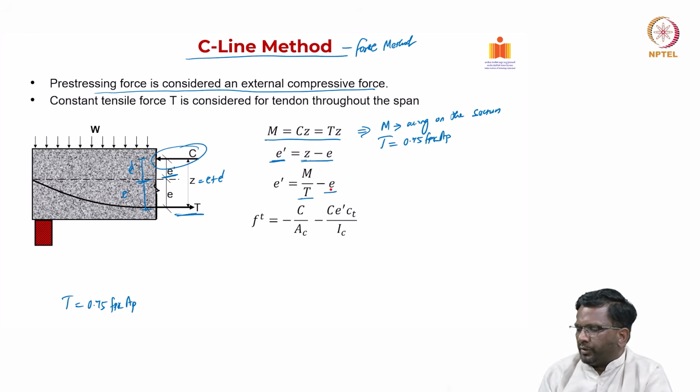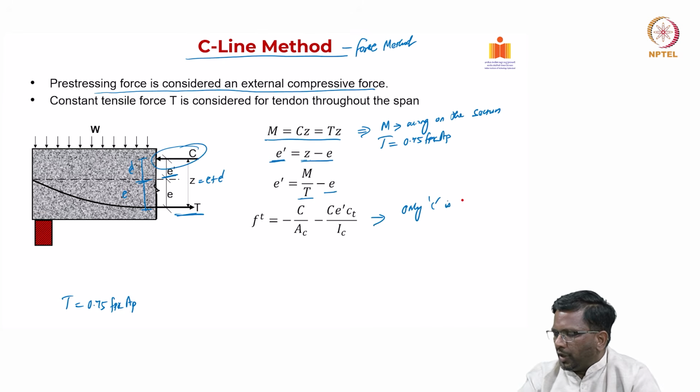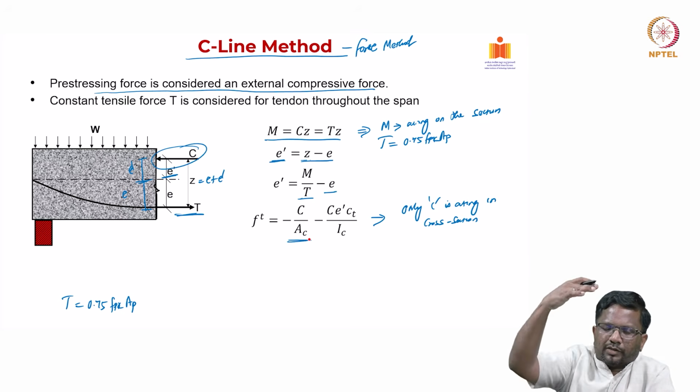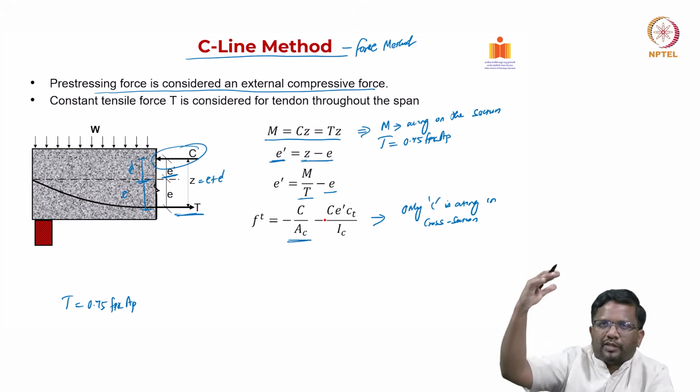If you substitute that, you are assuming only C is acting in the cross section. That means C is going to be applied at an eccentricity of E prime. So, that is going to create a concentric compression stress of minus C by AC, and C is at a distance of E prime.